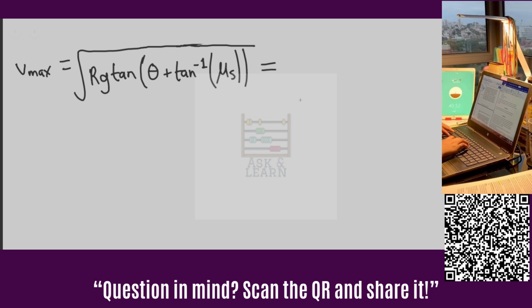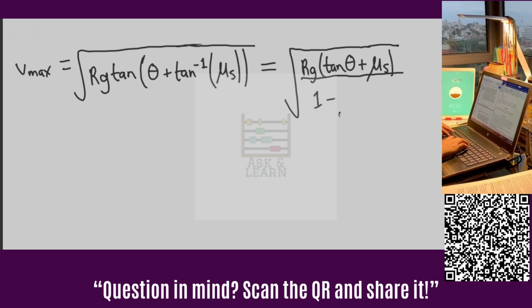This would then be equal to the square root of rg times tangent of theta plus the coefficient of static friction, divided by 1 minus the coefficient of static friction multiplied by tangent of theta.